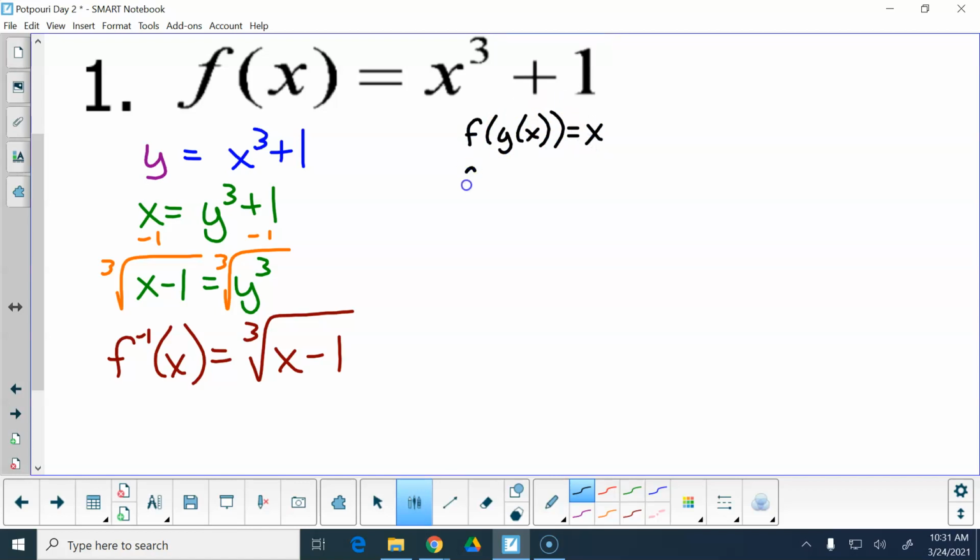Well, really what we're doing here now is f of the inverse of x needs to be x.